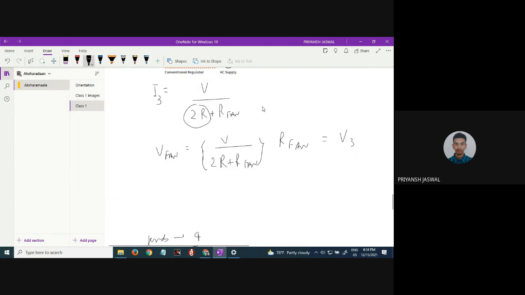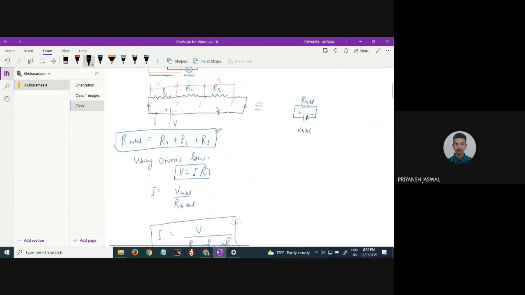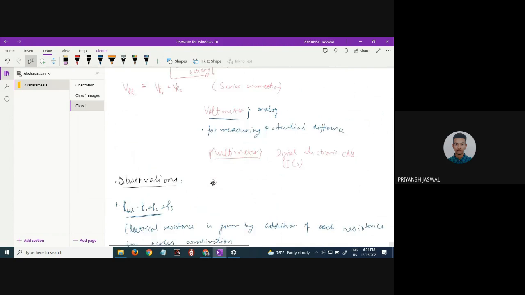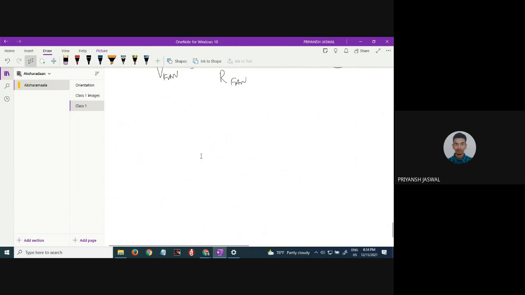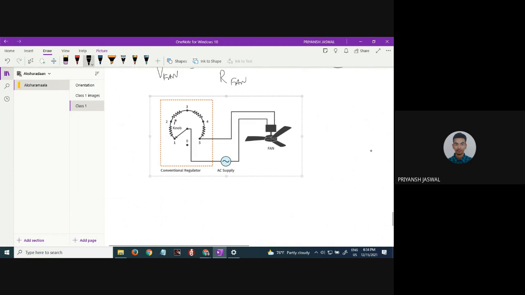So how the knob was working, those are the observations.